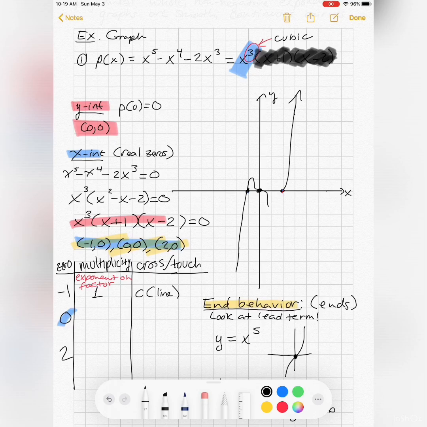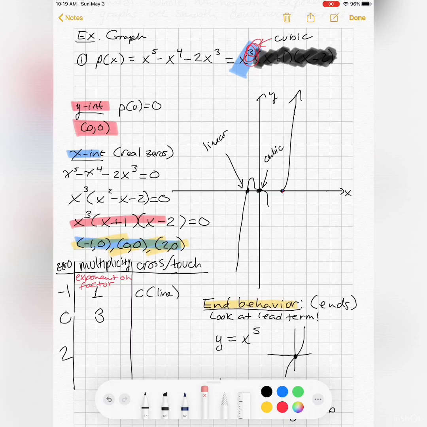If it's hard to show that on the graph, you can always include it here and just label. That way the grader can see easily what your intentions were. Okay, so the exponent on x equals 0 was 3. So we would say the multiplicity of x equals 0 is 3.